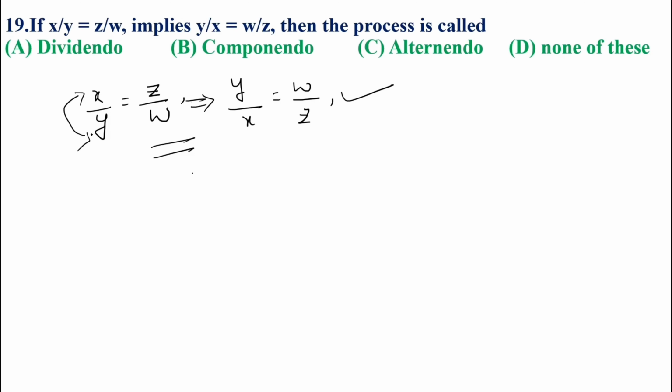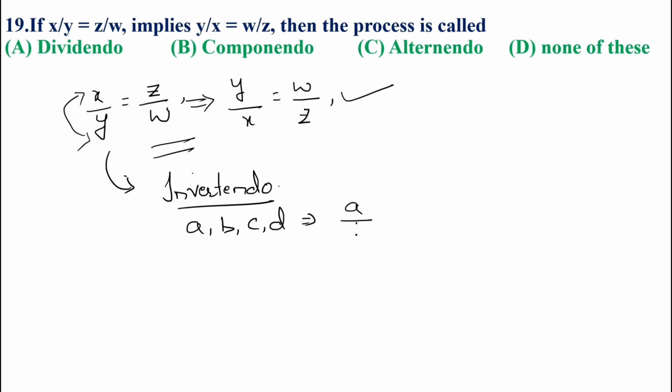If we change consequent to the antecedent and antecedent to the consequent, meaning interchanging of the denominator and the numerator, the property is called invertendo. I told you already, if A, B, C, D are in proportion, meaning A by B is equal to C by D, then invertendo is B by A is equal to D by C.